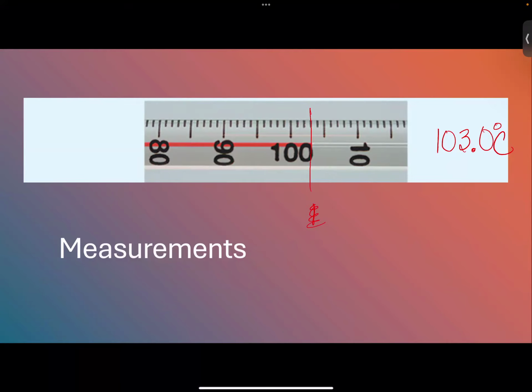Now notice that I made sure to include a 10th place, even though I read it as 0. If it's perfectly on the line, your estimated digit is going to be a 0. But you still have to have an estimated digit.